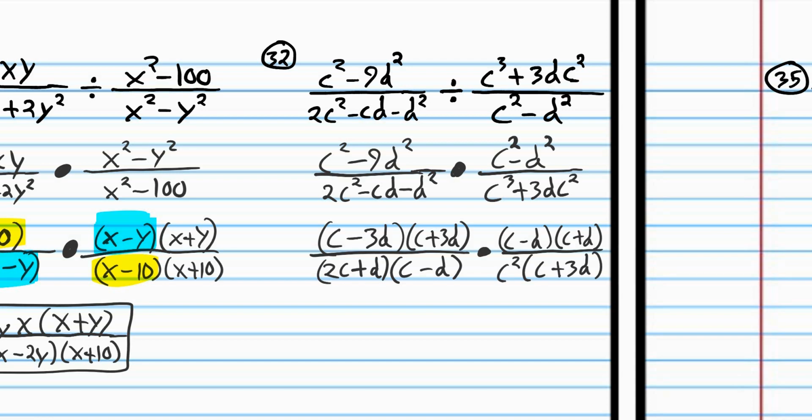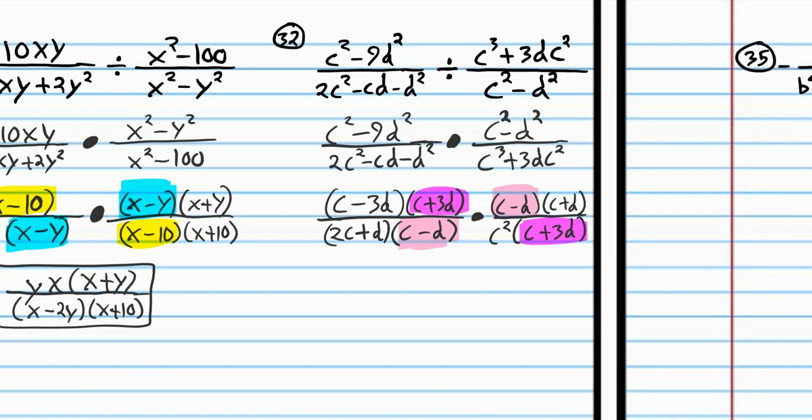And cancel out. Actually, we can't cancel that one out. And then multiply straight across.